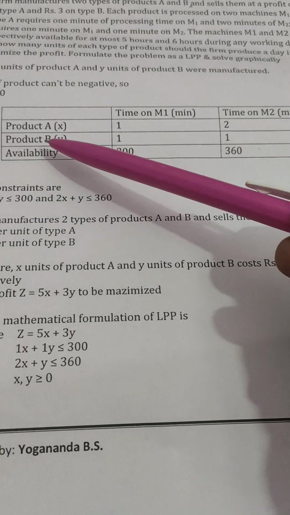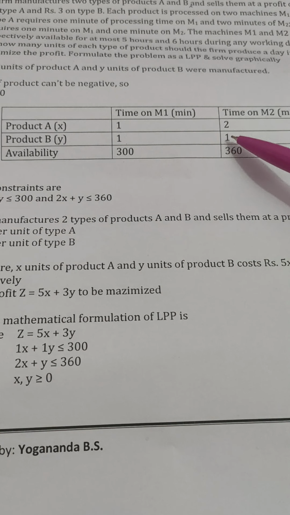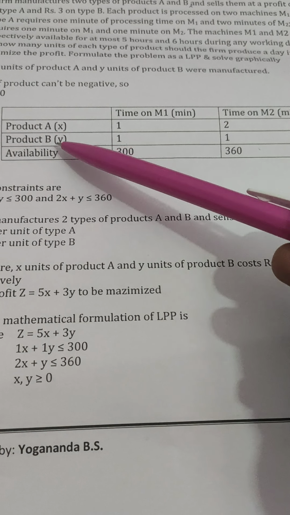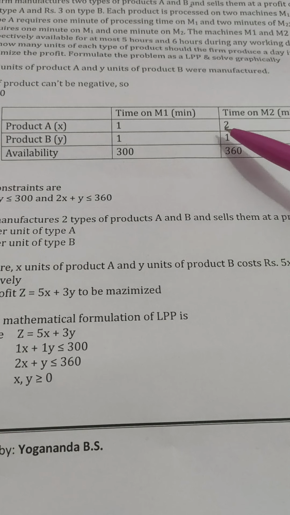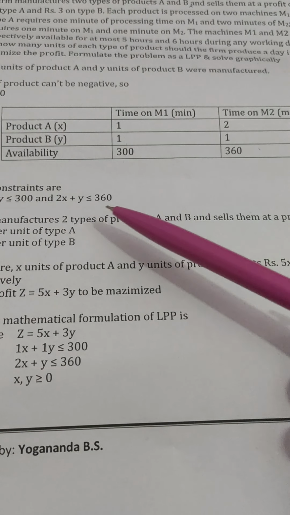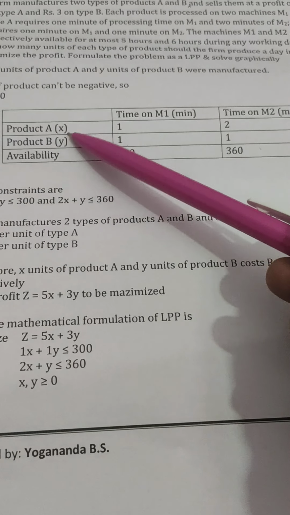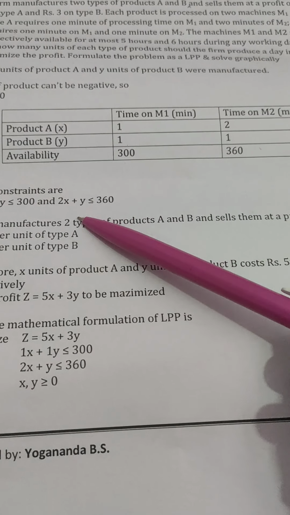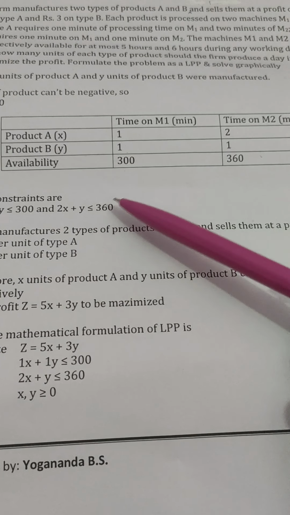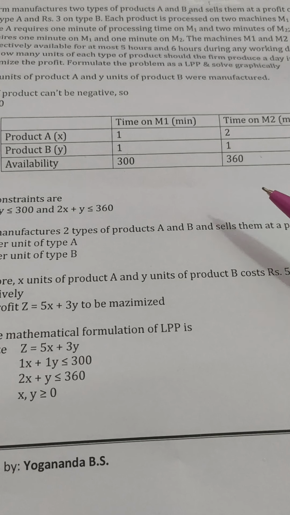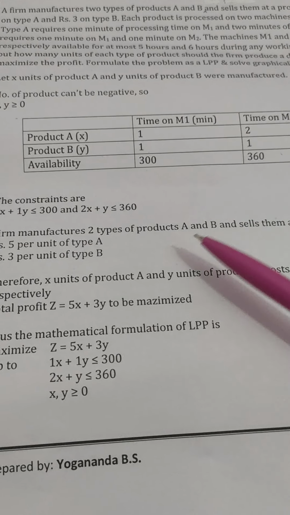Then if I produce 1 unit of product B, the time spent on machine 2 is 1 minute, so for y units the time spent is 1 into y. So totally it is 2 into x plus 1 into y, which is less than or equal to 360 minutes.